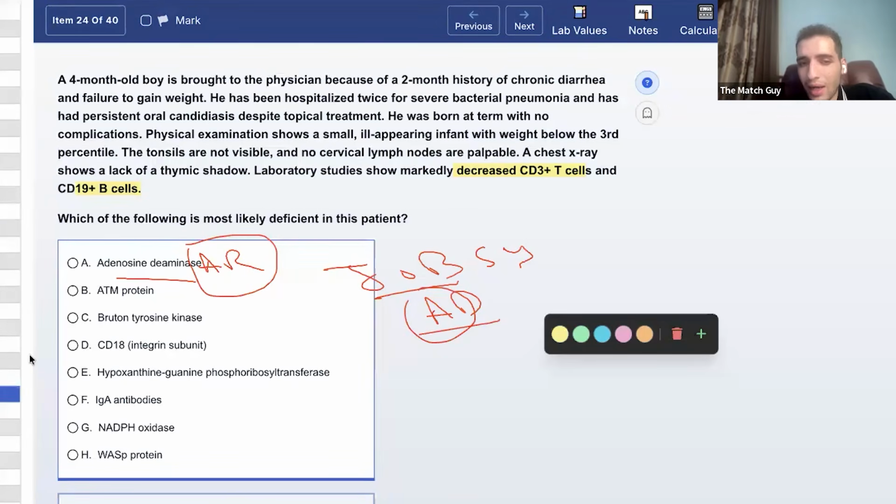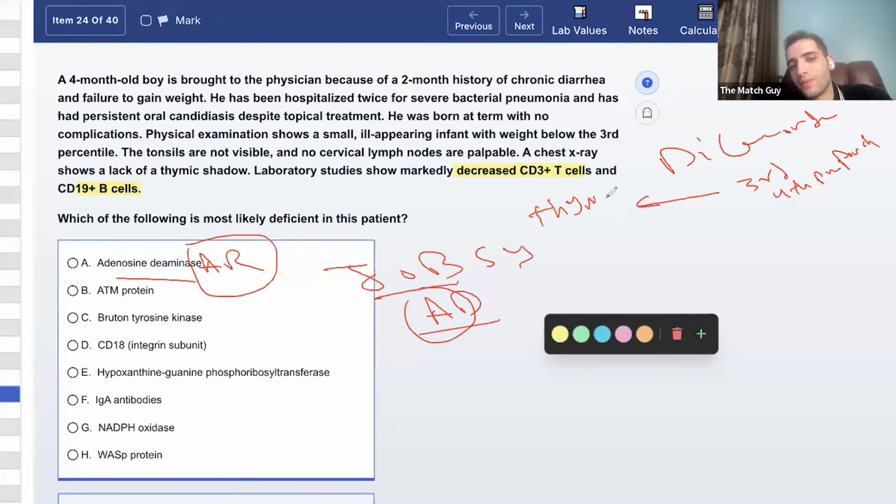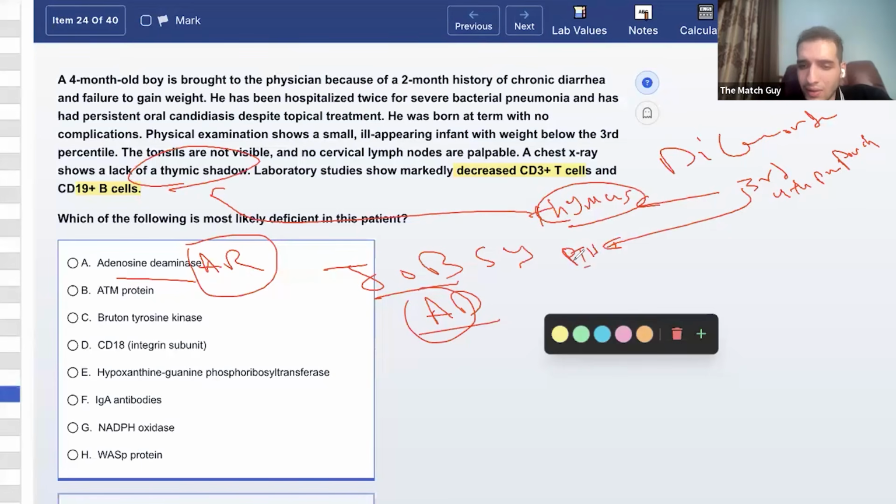Okay. Now, another question. Can it be DiGeorge? So DiGeorge is absent third and fourth pharyngeal pouch. And it can cause a problem in the thymus. So it can cause absent thymic shadow, right, guys? But it will also cause a problem in the parathyroid hormone. So it will cause decreased calcium level.